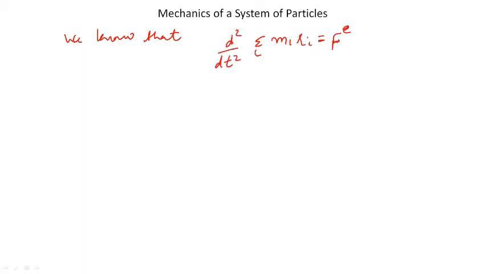Our earlier formula: d2 over dt square of sigma i mi ri is equal to Fe. Here Fe is the external force.